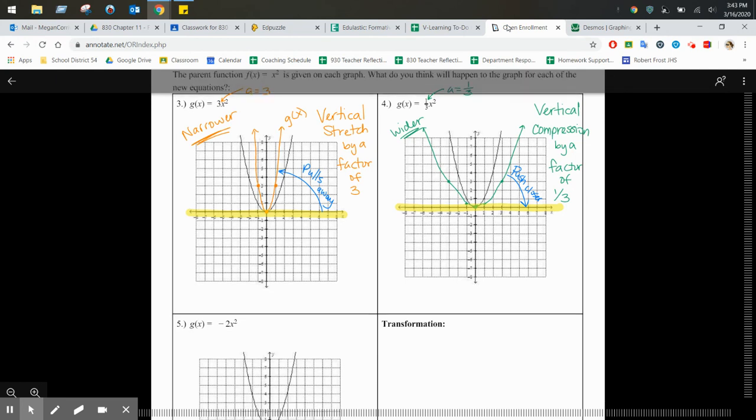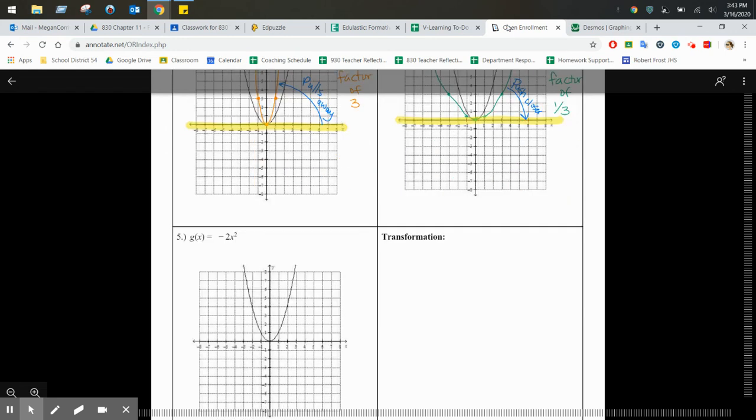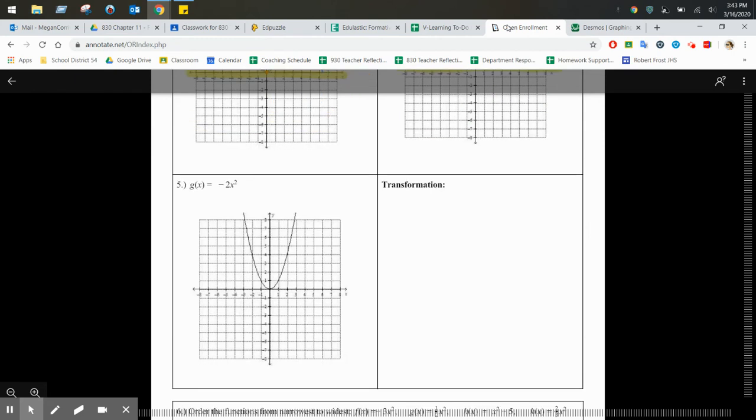When I multiply by a fraction, 1/2, 1/3, that's when it's getting wider or a vertical compression. The only thing is, it's not necessarily that it's a whole number or a fraction, but it's actually that it's multiplying by a number larger or smaller than 1.